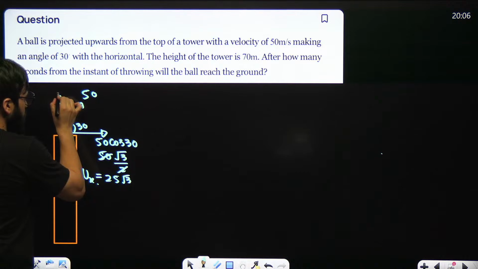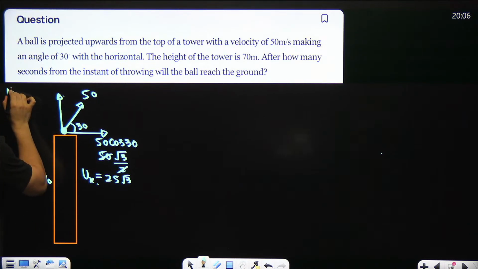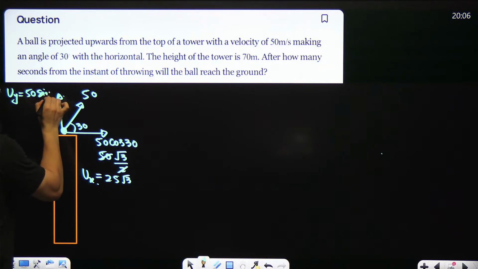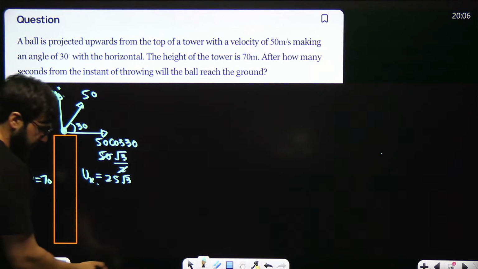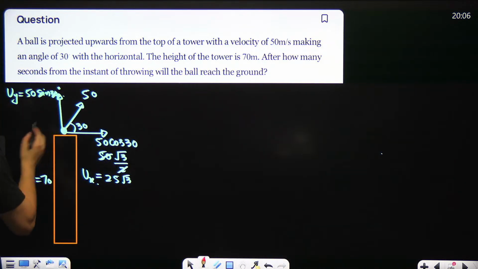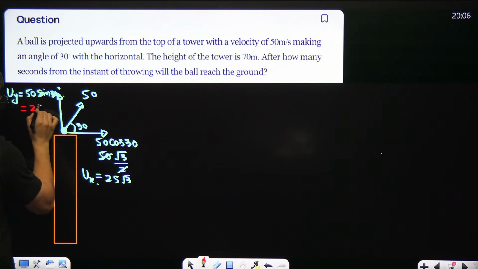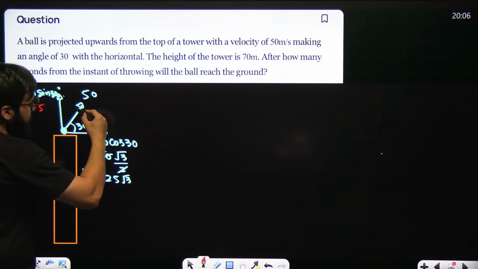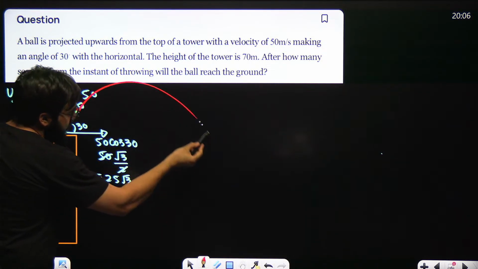And if I talk about the velocity uy, so can I say uy in this case will be 50 sine of 30 because this will be the sine component? Yes, sir. Now tell me sine 30 is 1 by 2. So this will come out to be 25 meter per second. So uy is 25, ux is 25 root 3. Now it will basically follow this particular path.